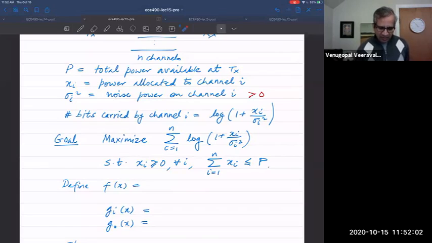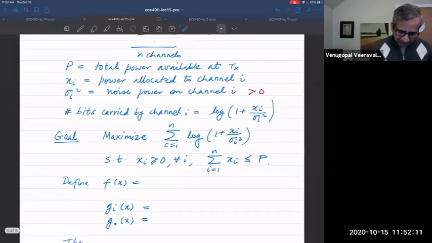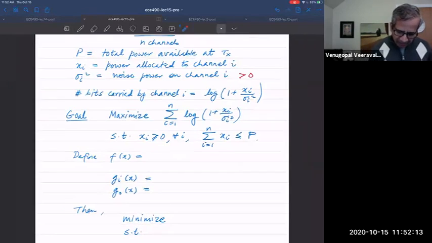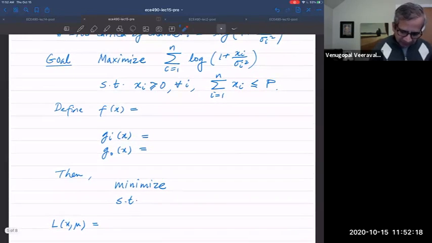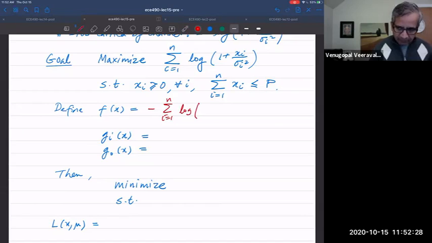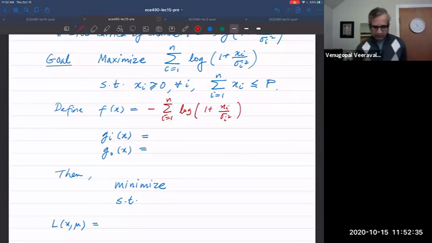So the first thing I'll do is change the sign of the function so that I get a minimization problem. Then I can apply the results that we have derived so far. So f(x) for our problem is the negative of this log sum.